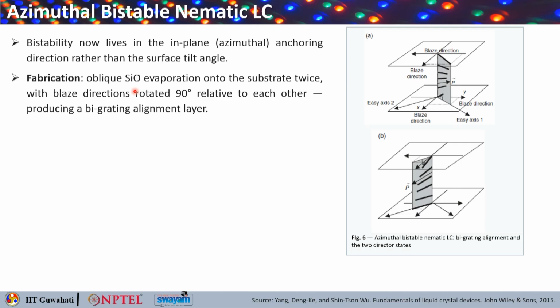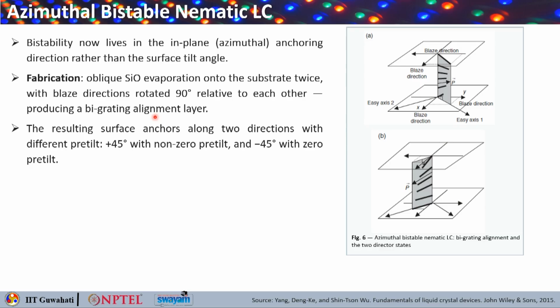So, how is it done? Oblique SiO evaporation onto the substrate twice, and you ensure that the blaze directions are rotated 90° to each other, and that can produce this bigrating alignment layer.